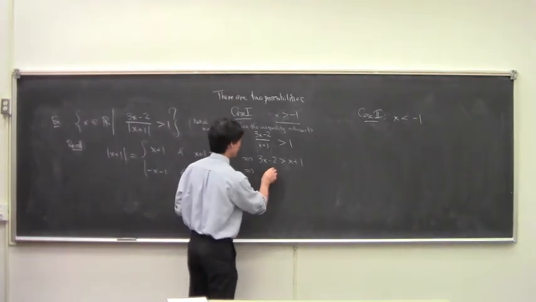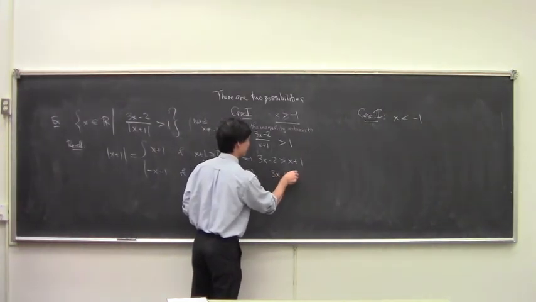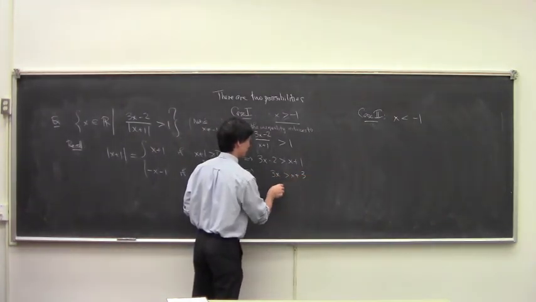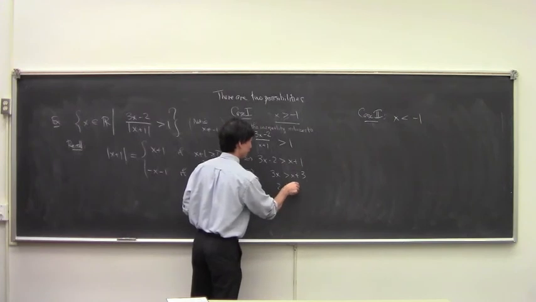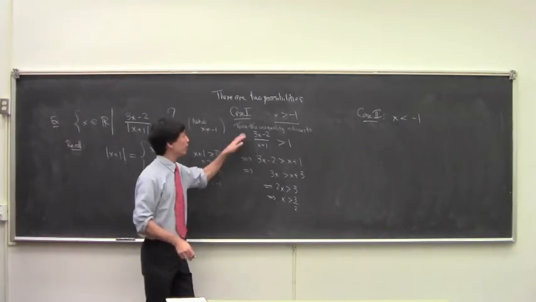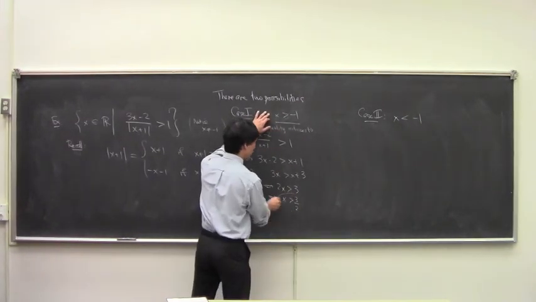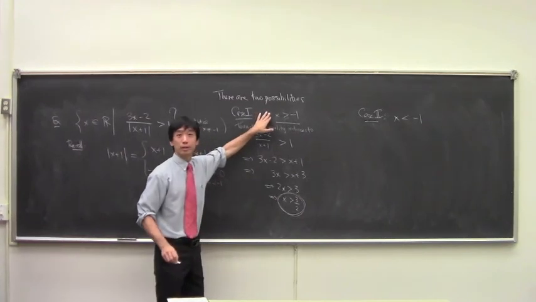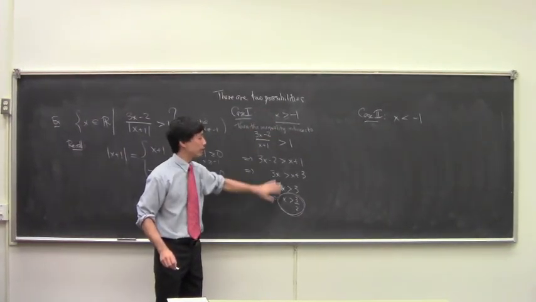Add 2 to that side. Okay, so 3x is greater than x plus 3. 2x is greater than 3. x must be greater than 3/2. So in this part of the world, these guys will work.